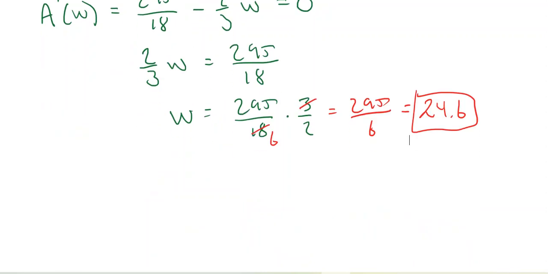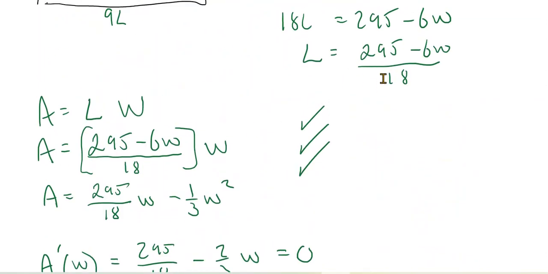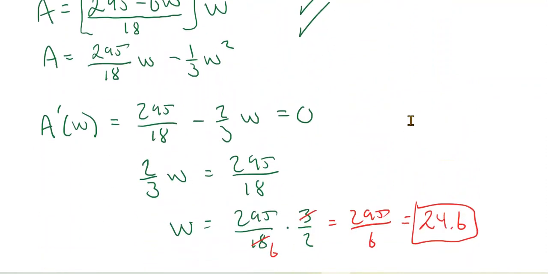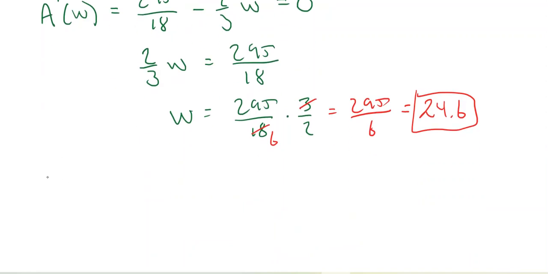Well, now we need to find the length that would answer this question. So for that, we go back to our constraint, which relates the length and the width. The length is 295 minus 6W over 18. The length is 295 minus 3W over 18.